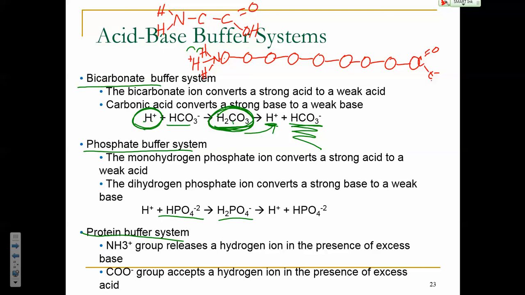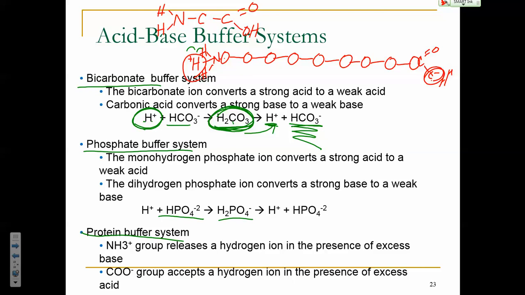Hemoglobin can act like this. If there's excess hydrogen in the body fluid where hemoglobin is, like in your cell, do you see how this would be attracted to the hydrogen? That will lessen the hydrogen amount. Or if the pH rises too much and a body fluid needs more hydrogen, that can be released right there. So just a protein itself can act as a chemical buffer.